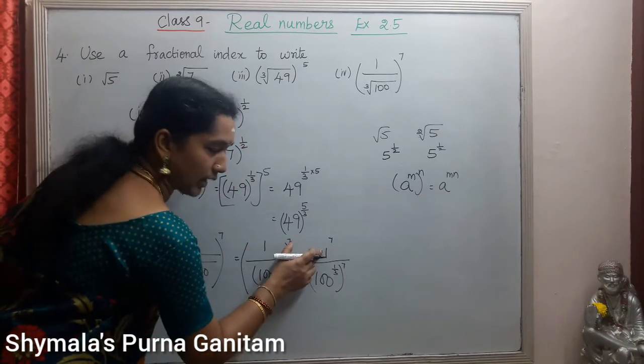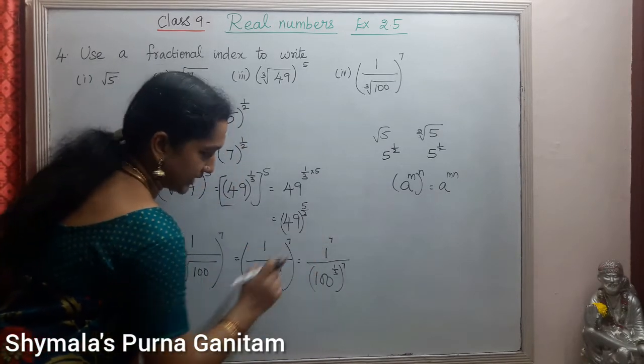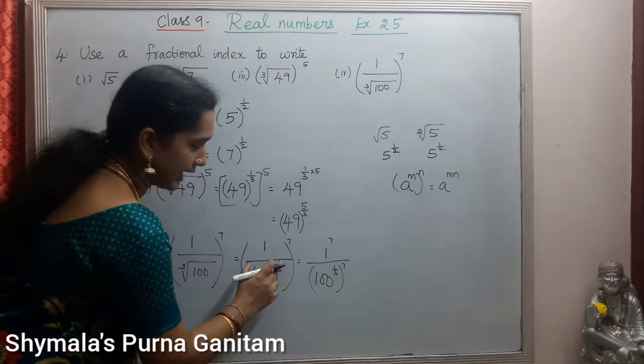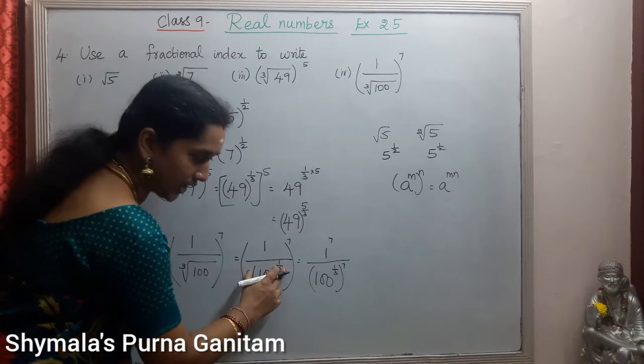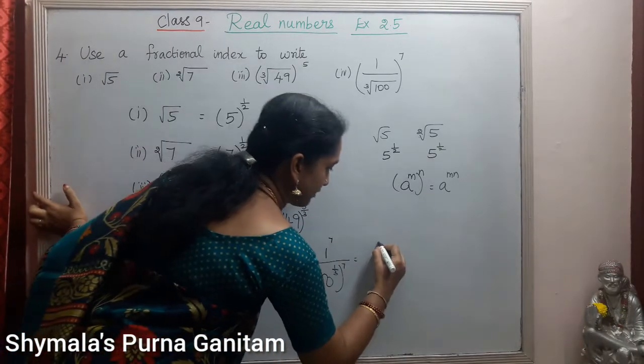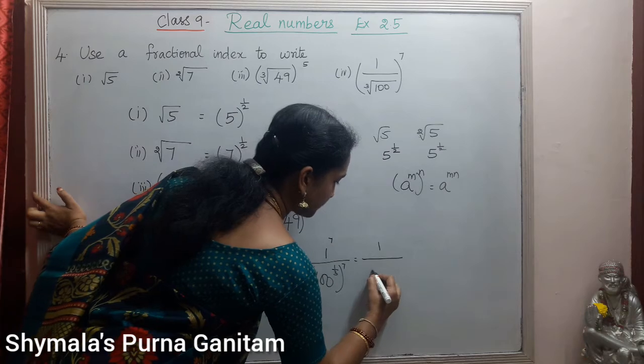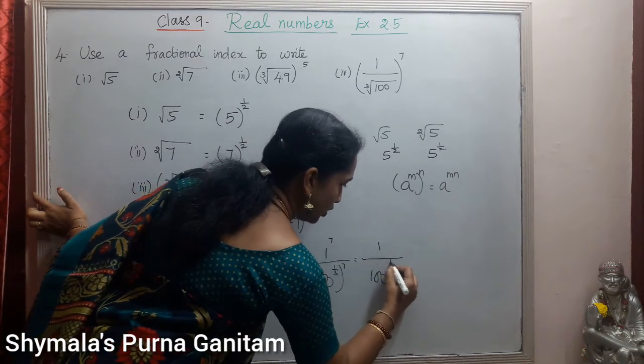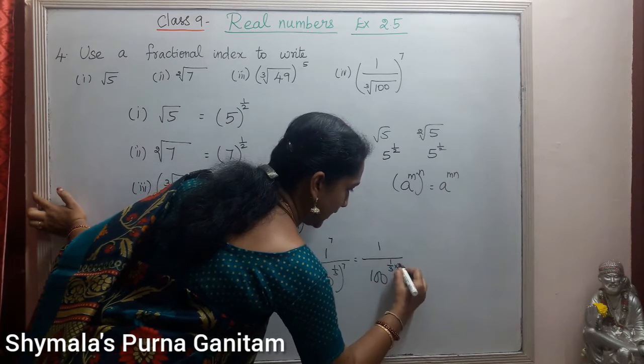In the numerator we have only 1, so it is 1 power 7. In the denominator we are having the power 1 by 3, so to the whole power 7 I am writing. So 1 power 7 is 1, divided by 100 whole power 1 by 3 into 7.